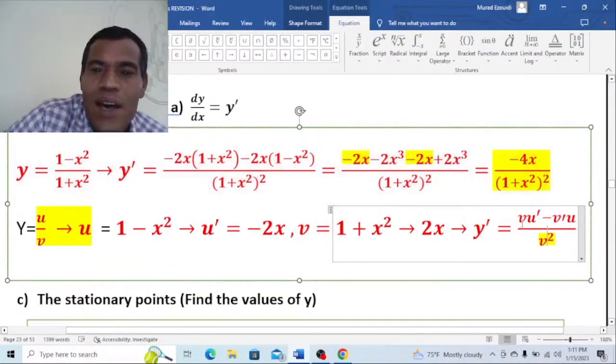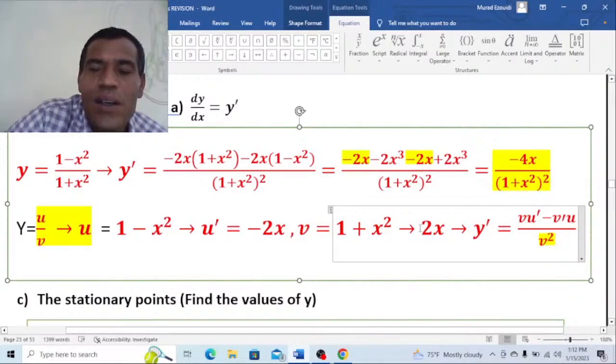Therefore you can see that v is 1 plus x squared, multiplied by u dash, which is minus 2x, minus the first derivative of v, this is v dash, of course.